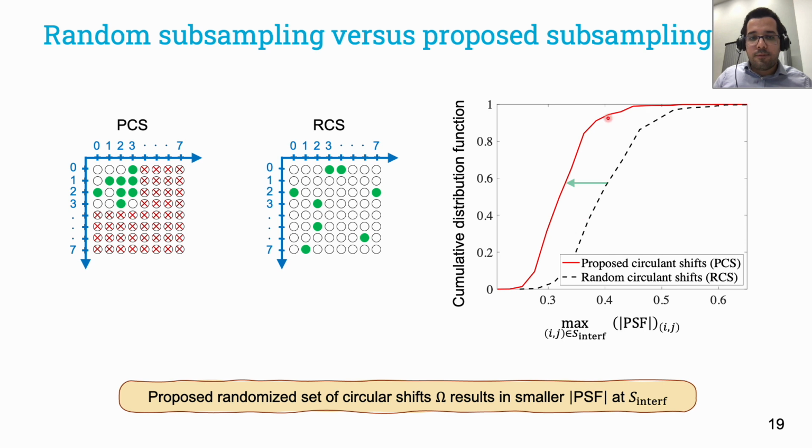Here, the red curve shows the CDF of the maximum level of interference within the sector of interest with our method, and a sample of 2D circular shifts realized using our method is shown over here. Also, the dashed curve shows the maximum level of interference achieved by the fully random approach. And here you can see an example of 2D circular shifts realized using the fully random method.